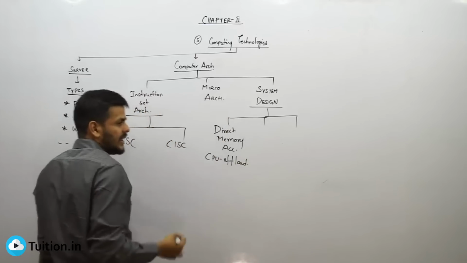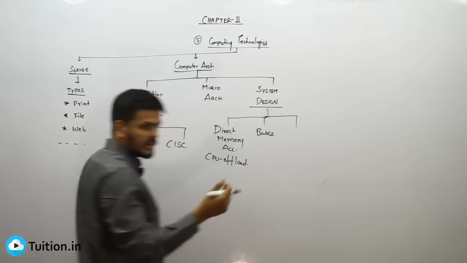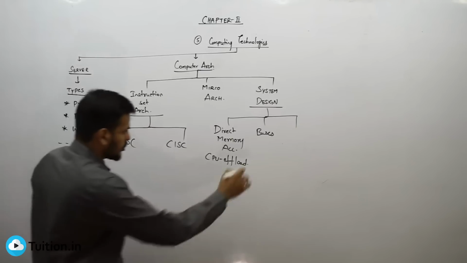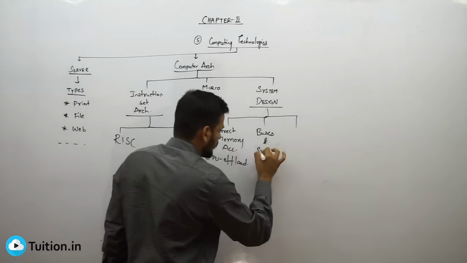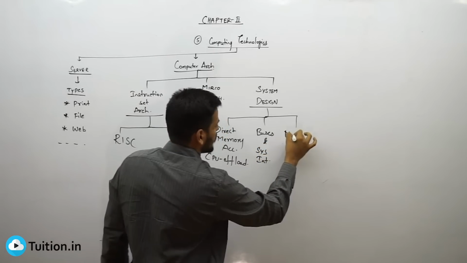And in system design we have buses and memory controllers, where we are talking about what these buses are and how they are used. Then we see system interconnects and buses. And then we have memory controllers.